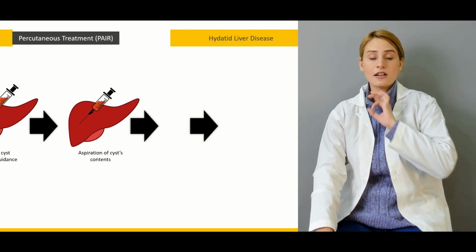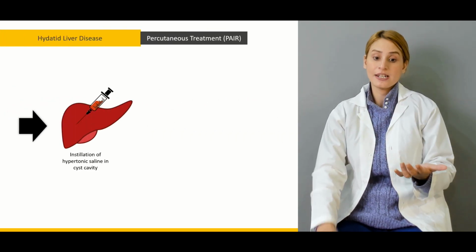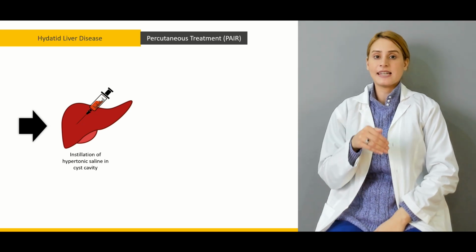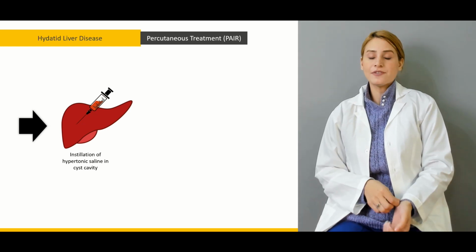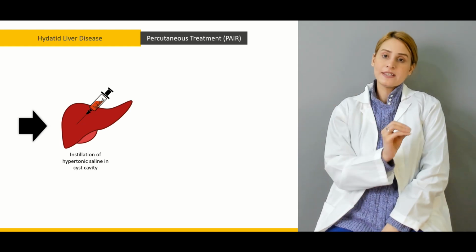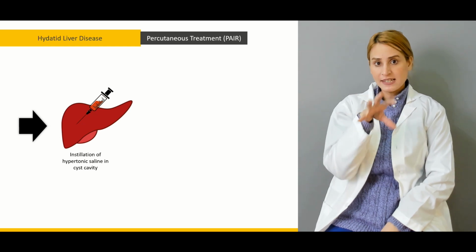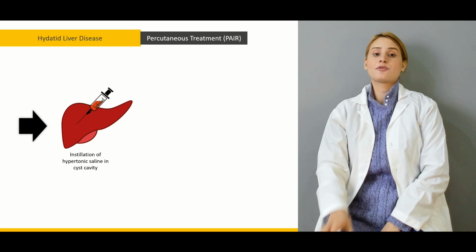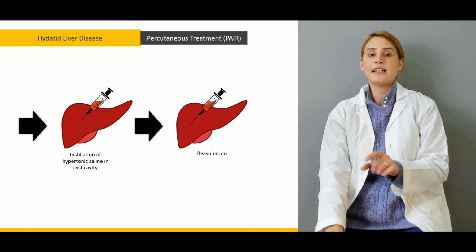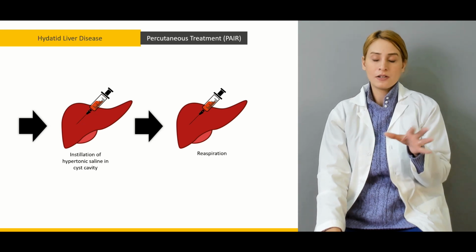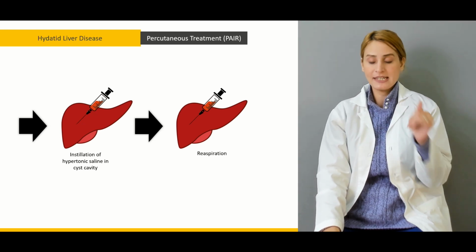It is not enough to just do the aspiration; then you have to instill hypertonic saline in the cystic cavity. So what is the role of the hypertonic saline? Those trophozoites or small babies which are present inside the cystic cavity cannot survive in hypertonic saline. So this hypertonic saline kills the remaining parasites present in the cystic cavity.